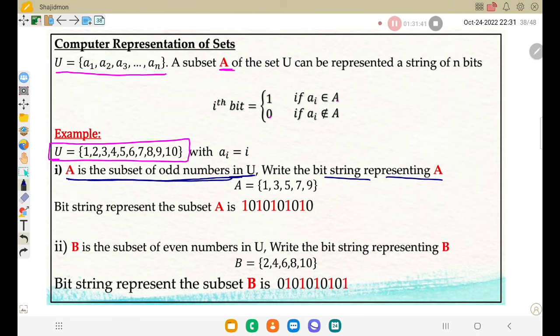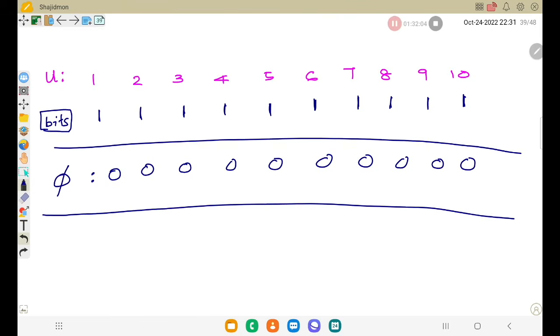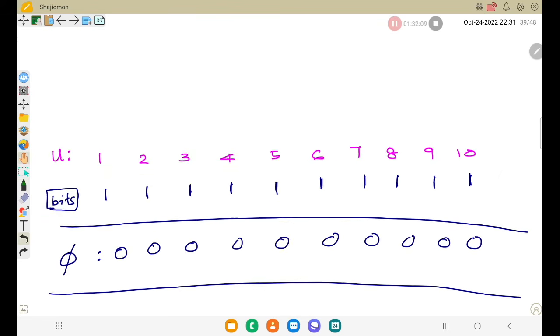So, what are the odd numbers in the universal set? 1 is an odd number, then 3, 5, 7, 9. We need to represent this set using bits 1 and 0, binary, correct? Using the bit string, represent this subset A. I will show it here.